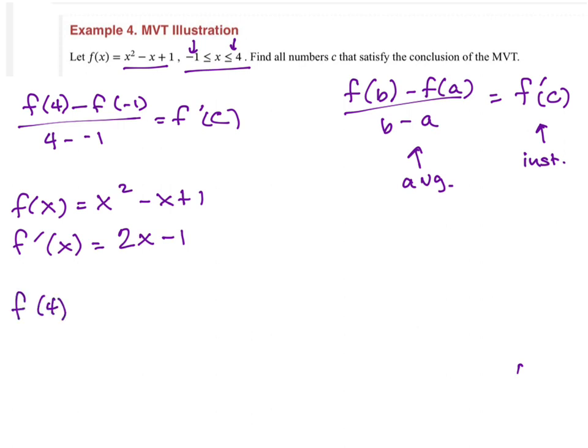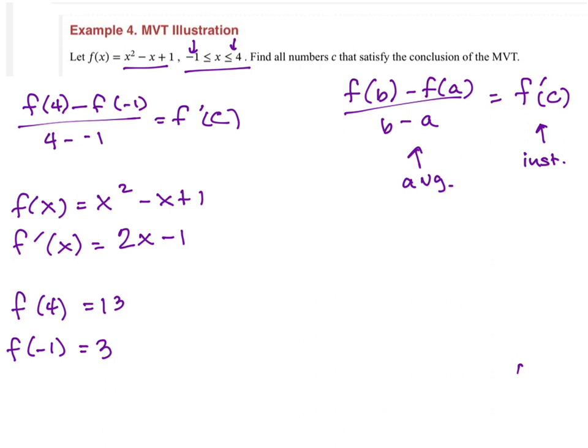Maybe we don't need a calculator for this. 4 squared, 16 minus 4, 12 plus 1, 13. F of -1, we've got -1 squared, which is 1 minus -1, 2 plus 1, 3.